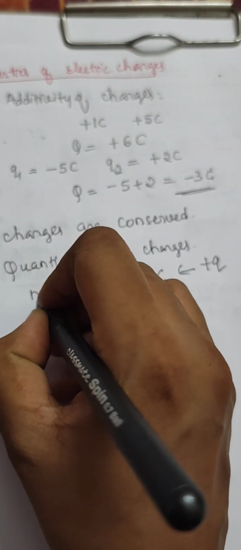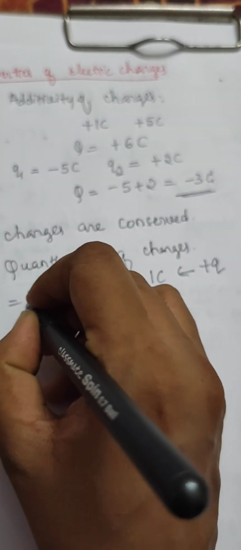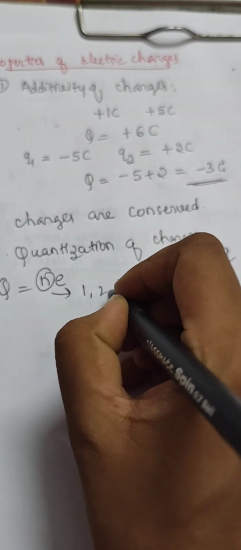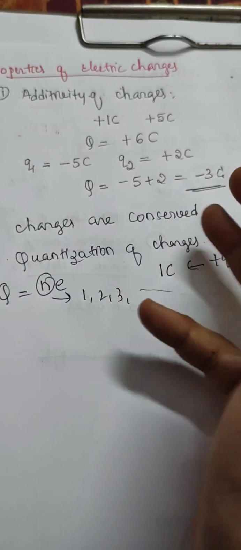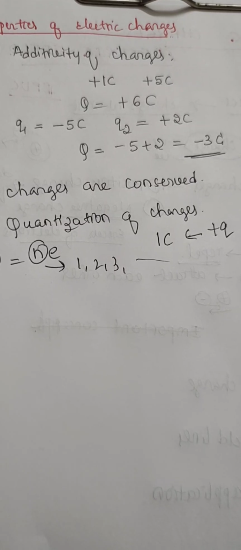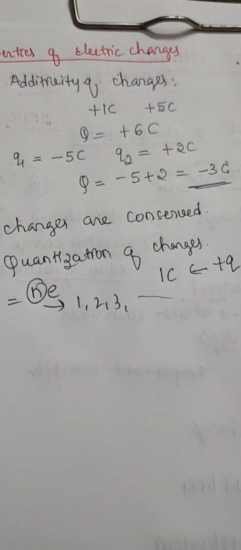The total charge can be the multiplication of n into e, where n can be only 1, 2, 3, etc., or there is no charge. So it is the multiplication of a particular whole charge. We cannot have half of the charge. It is quantization.